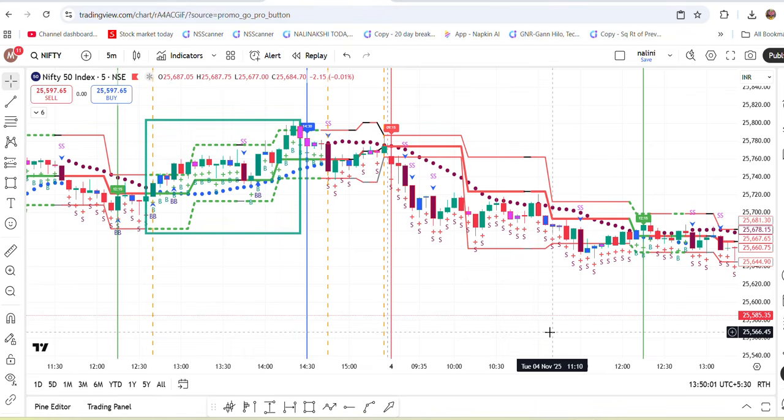Good afternoon, traders. I'm recording the playback mode, showing how you can take the trade with the rolling pivot. In my masterclass, I've explained all the features of the rolling pivot.